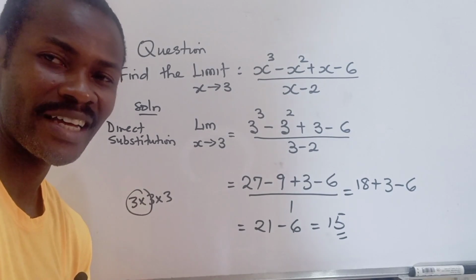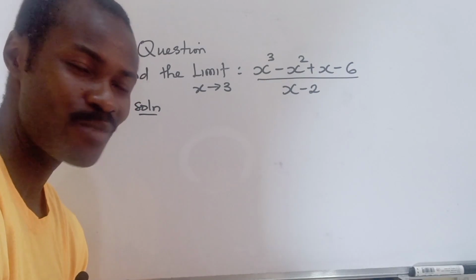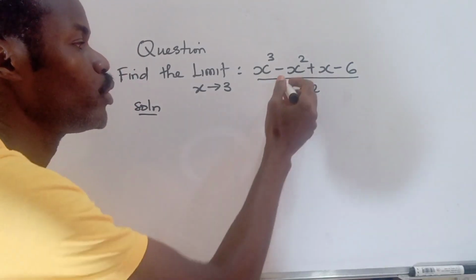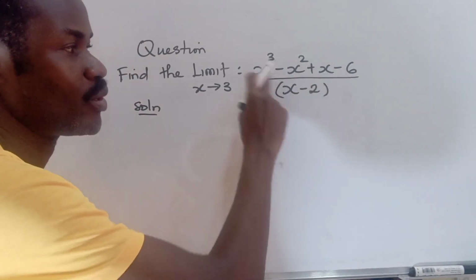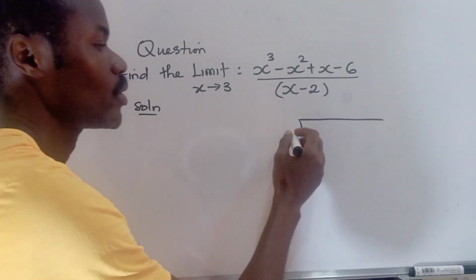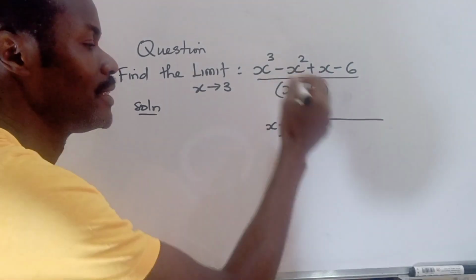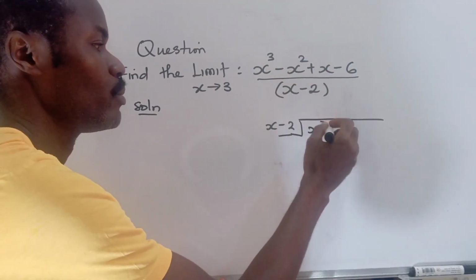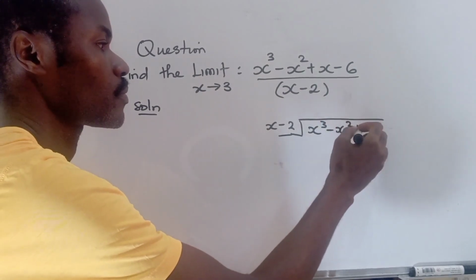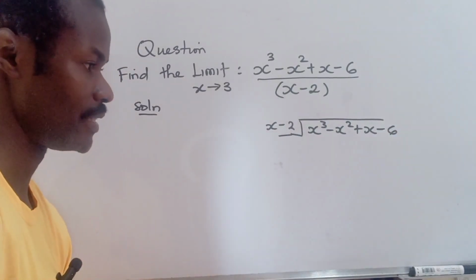Now let's also try the method of factorization. For the factorization method, we want to use this denominator to divide the numerator. So let's work that somewhere here. We have x minus 2 dividing the numerator. What's our first step in dividing this?